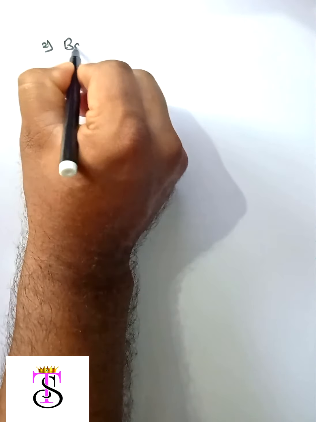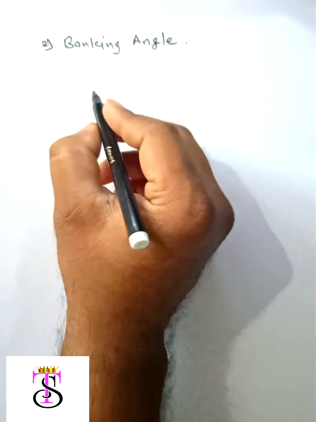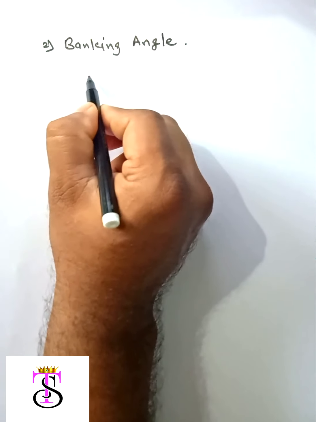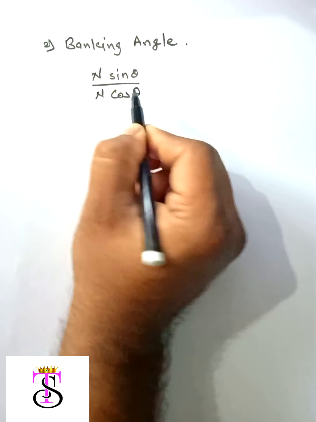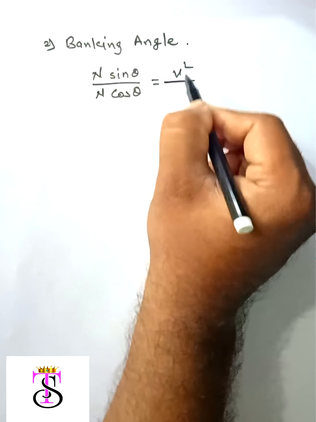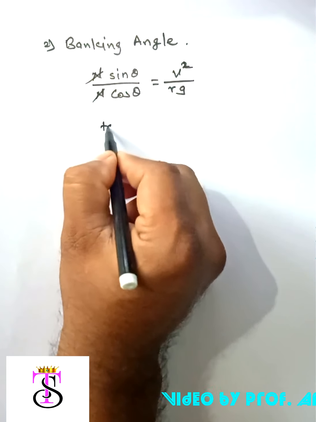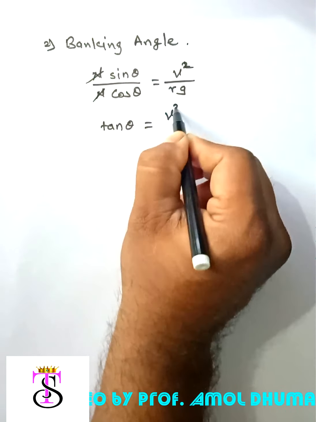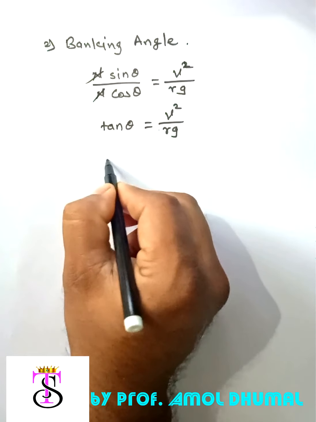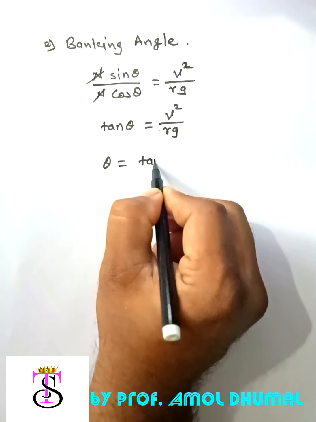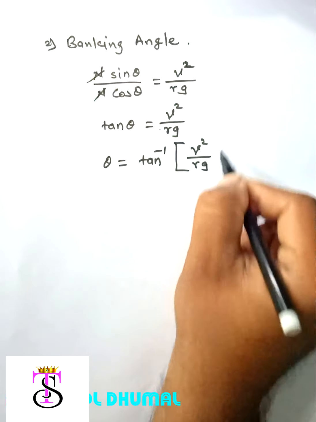Second, the banking angle. Can we find it out from the same equation? tan theta equals v square upon r g. So theta is equal to tan inverse of v square upon r g.